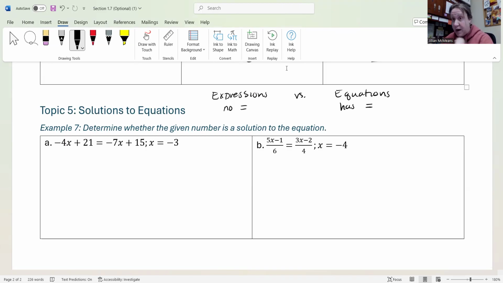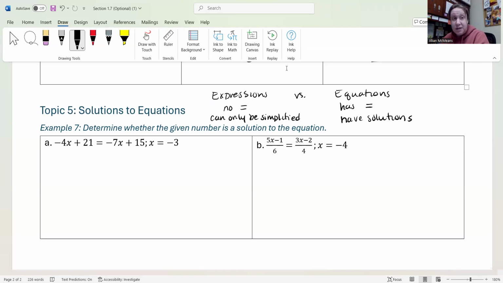That's just the right off the bat difference. Because of this equal sign, equations have solutions. So you can solve an equation and get a solution. These can only be simplified. So you can evaluate or simplify expressions, but there's no solution, okay? So that's the big difference. An equation has an equal sign and it has a solution.